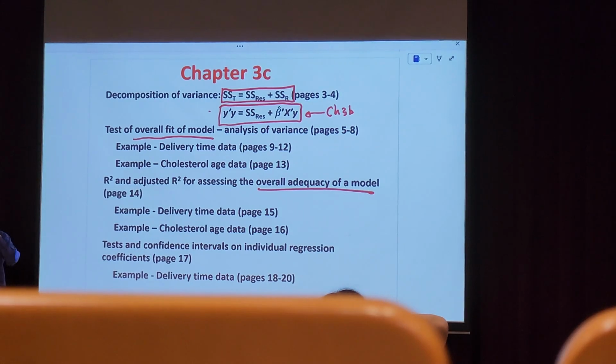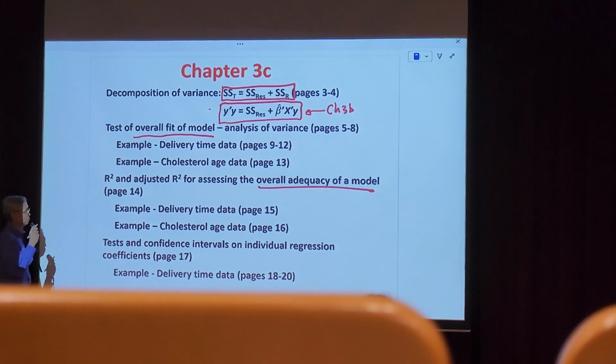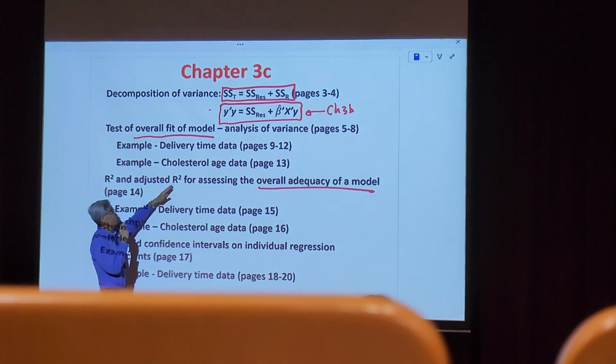Why? Because if you can choose a model that gives you a very small mean square residual, which is an estimate of the variance of the error, it's a good model.